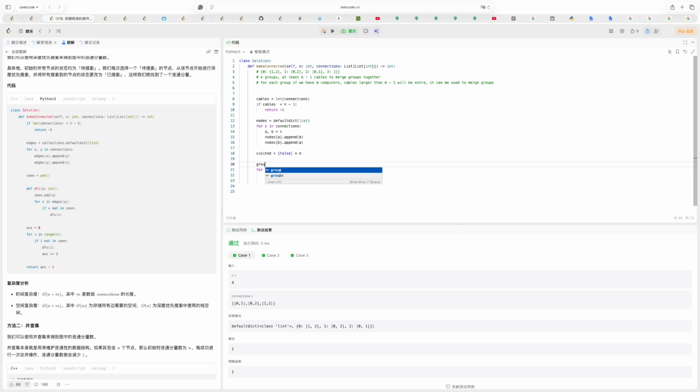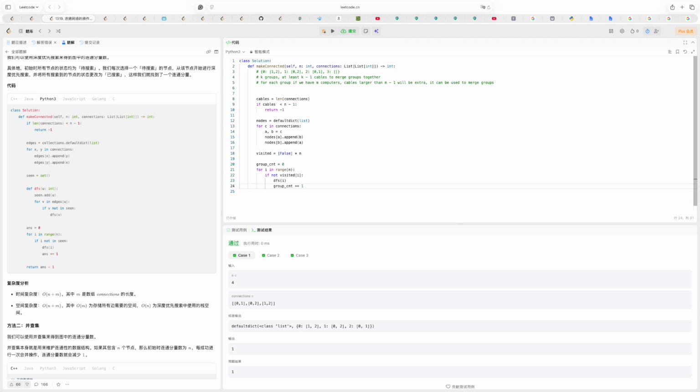So we'll have group count equals 0. Okay, so after DFS, we will have group count plus 1.